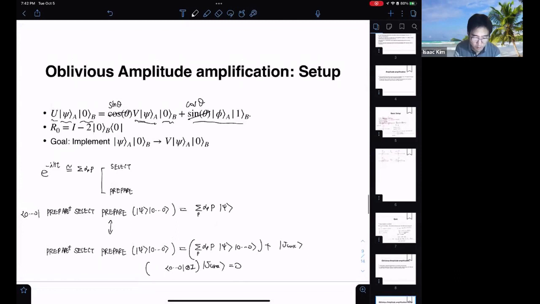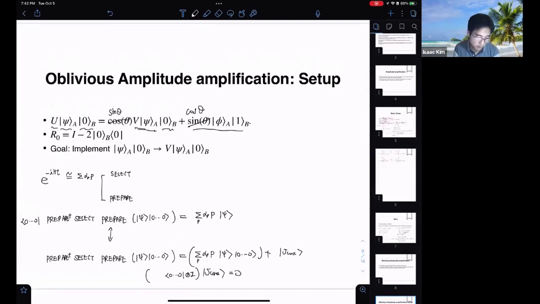Okay, so we have already set ourselves up so that we can actually already implement an operation of this form.